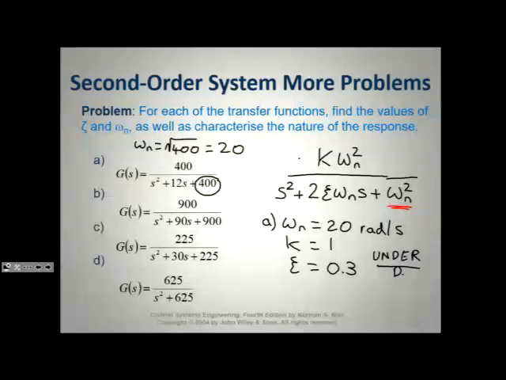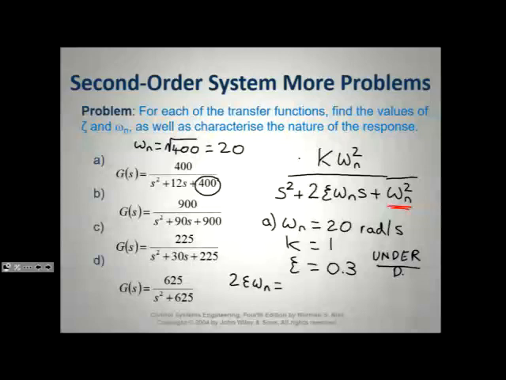And then you know on the top line that k times omega n squared equals the top. So the only thing k could be there is 1. Yeah, 400 divided by 400 is 1. And then the bottom line, we've got 2 zeta omega n equals what?